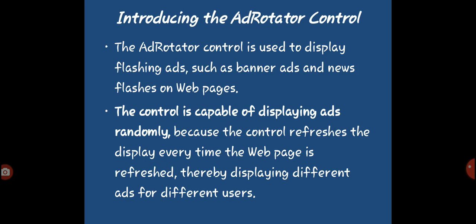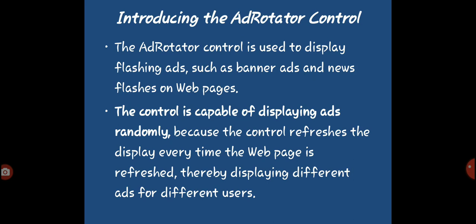Ad rotator control is a special control which is only available in ASP.NET to create an effective web application. The ad rotator is actually used to create advertisement files. In a single ad rotator control we can portray a number of advertisements, and the number of times the advertisement should be displayed depends upon the property that we set.